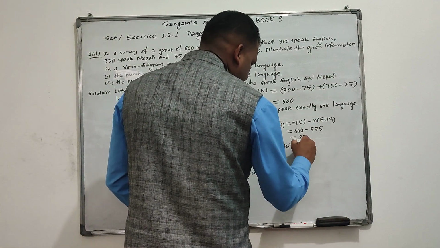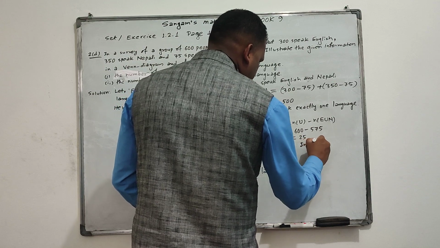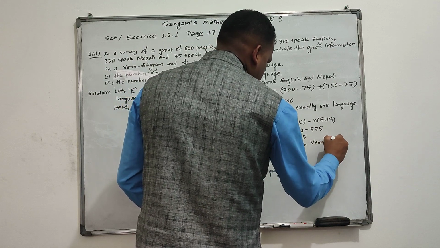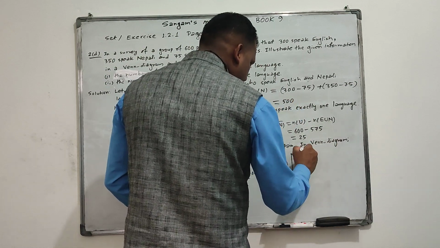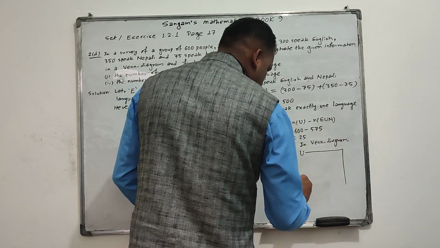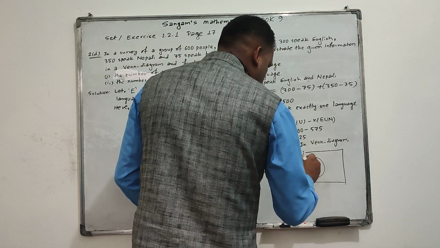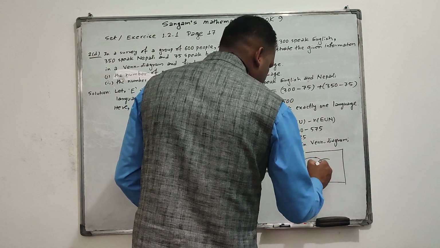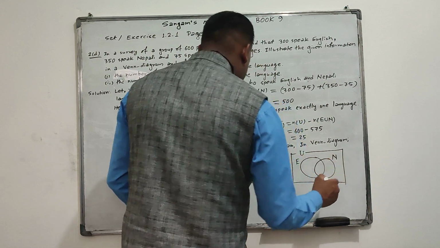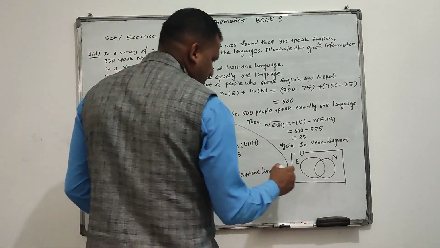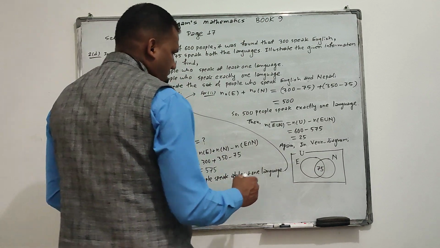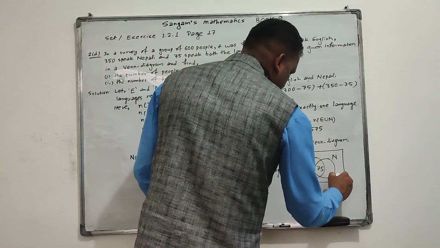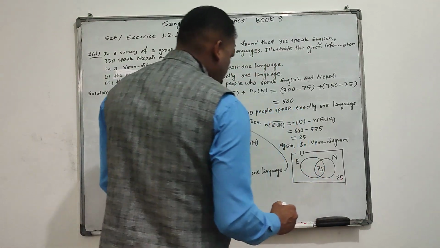Again in the Venn diagram, U, in this E is English and N is Nepali. Who speak both, that is 75 over here. Who speak neither, the complement part, 25 over here.